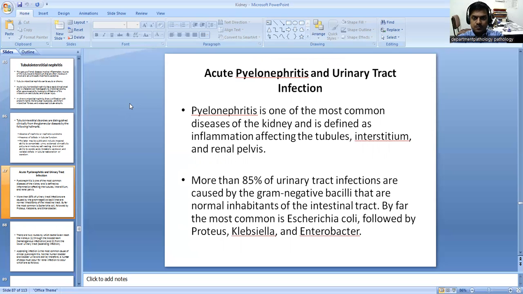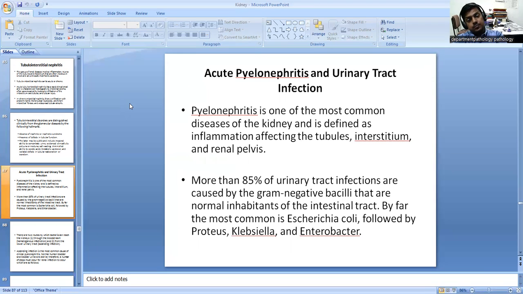Acute pyelonephritis and urinary tract infection. Pyelonephritis is one of the most common diseases of the kidney and is defined as inflammation affecting the tubules, interstitium, and renal pelvis.